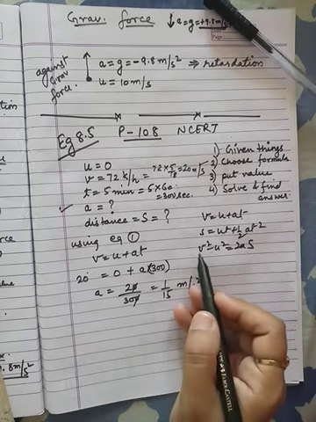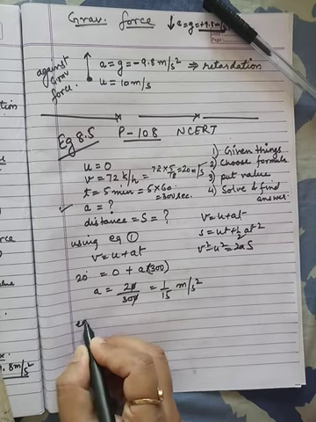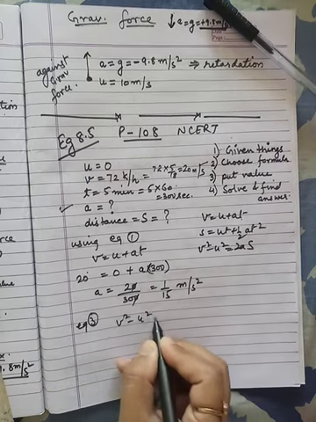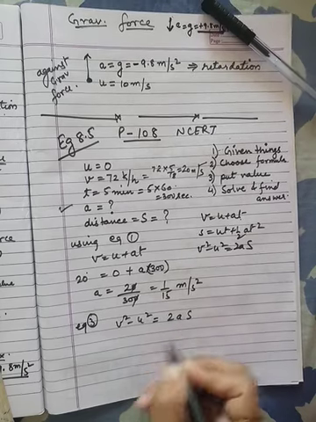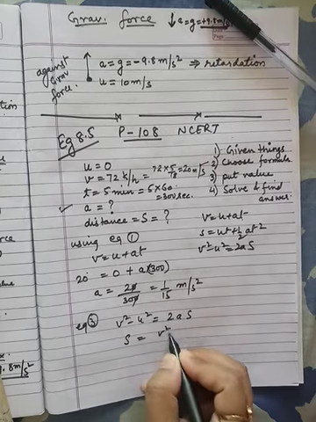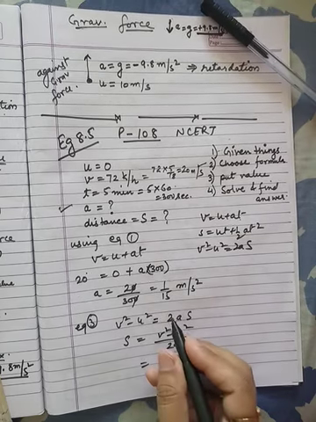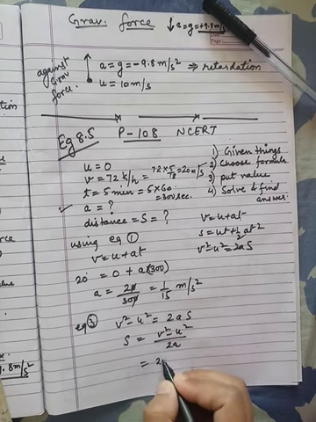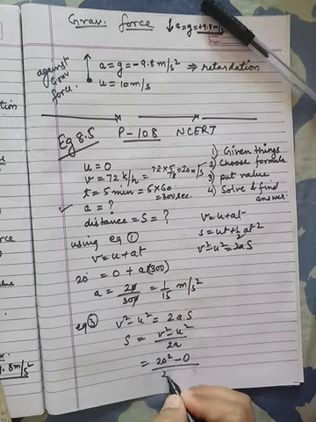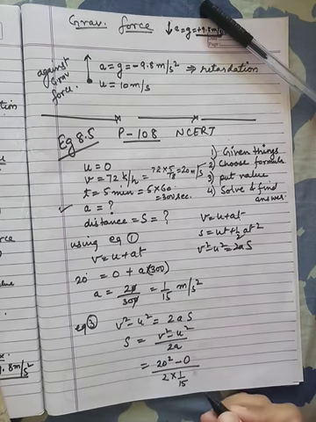We have v, we have u, we have a, so we can use the third equation. Equation number 3: v square minus u square is equals to 2as. s is to be found, so keep s over here. That becomes v square minus u square over 2a. v is again 20, so 20 square minus u, which is 0, divided by 2 multiplied by a, which is 1 by 15.